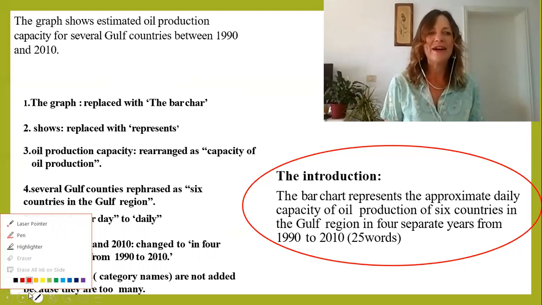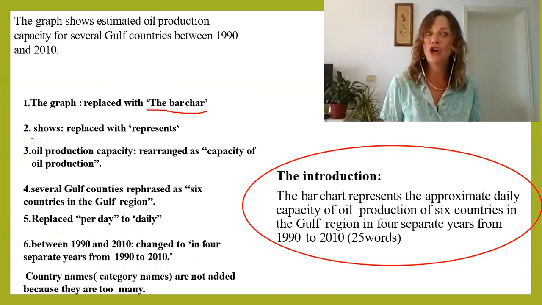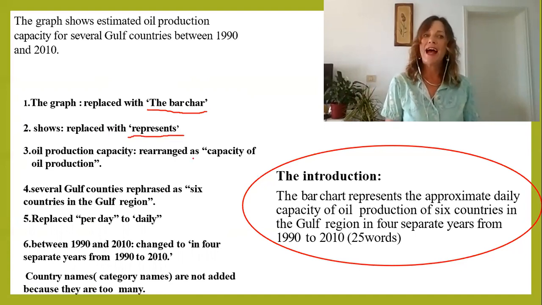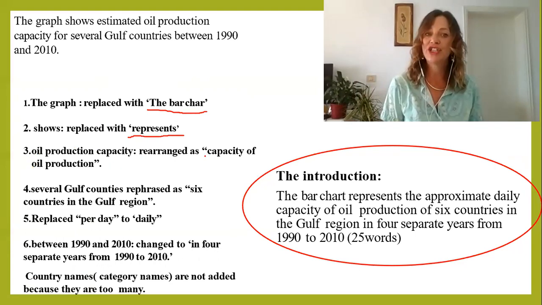Well, here we can see that what we have done is we have replaced the graph with bar chart. We have replaced shows with represents. We have rearranged the words oil production capacity, and we've arranged it as capacity of oil production.